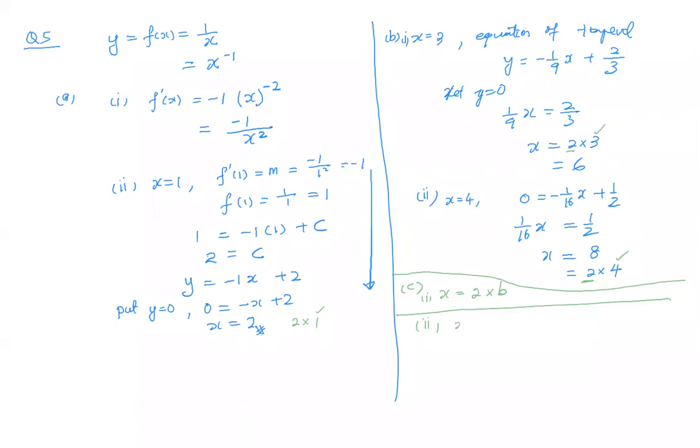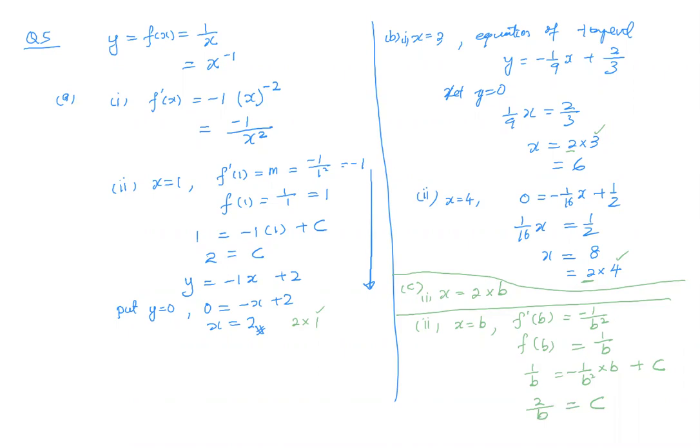So you say x equal to B, f prime B equal to negative 1 over B squared. f(B) equal to 1 over B. Then you get into y equal to mx plus c. So it will be 2 over b is equal to c.